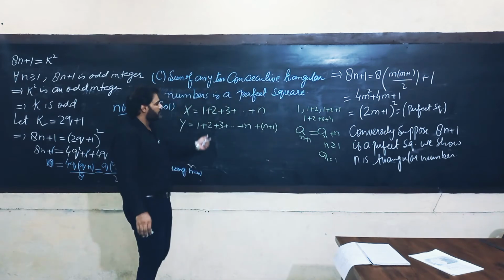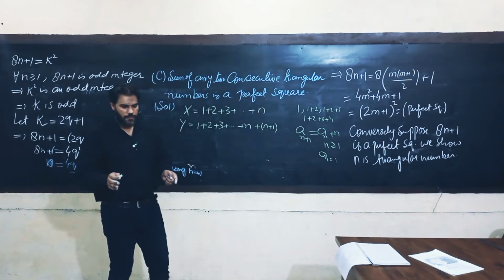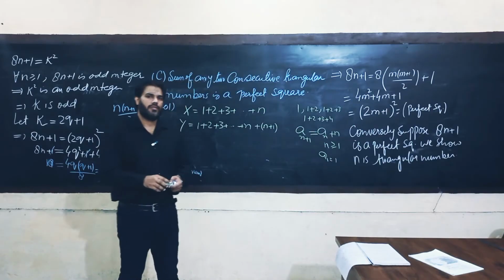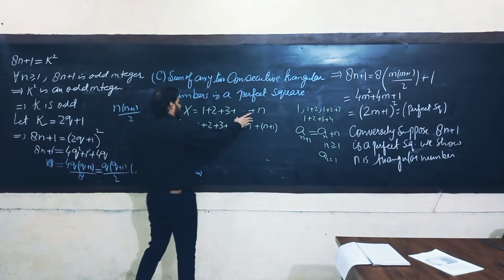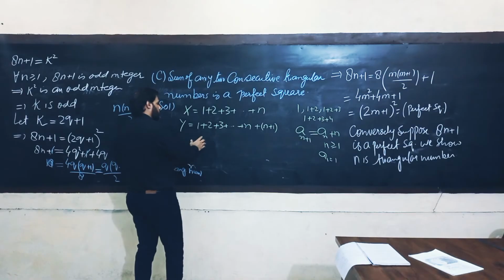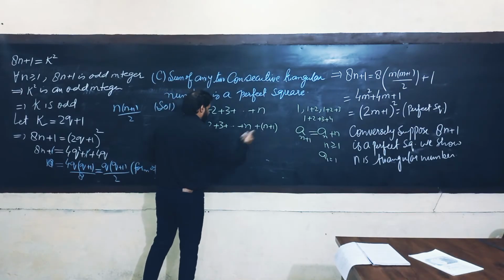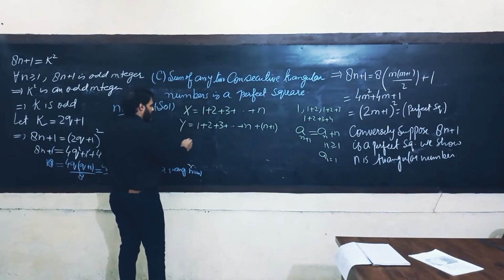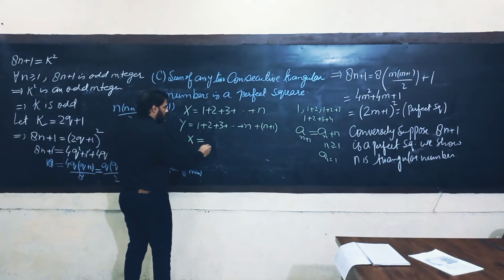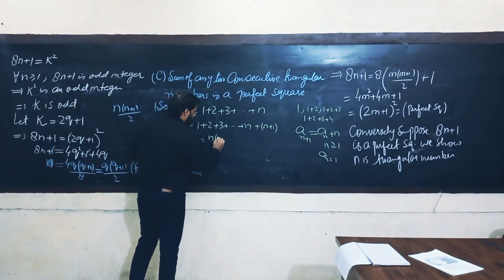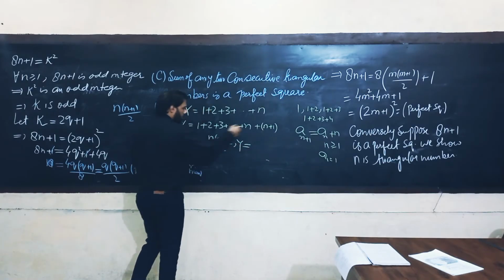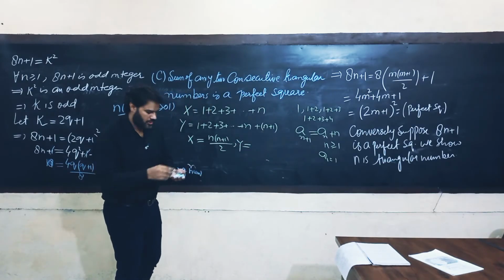So simply, if x and y are consecutive triangular numbers and x has n dots, then the number of dots in y will be n plus 1. Now x is equal to n into n plus 1 over 2, and y is the sum of first n plus 1 natural numbers.